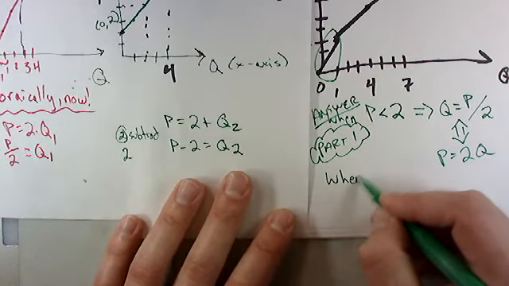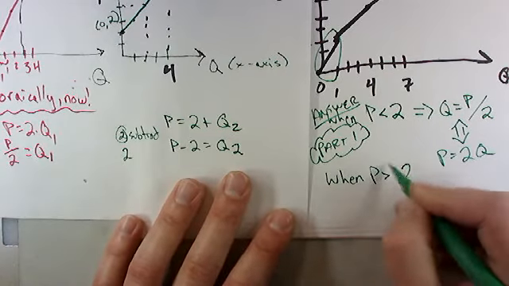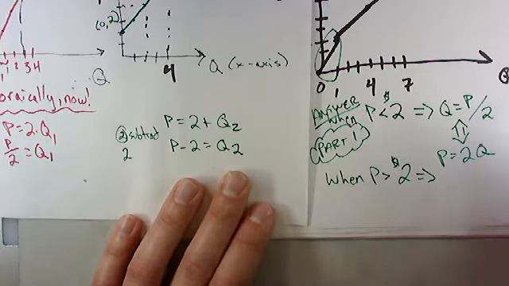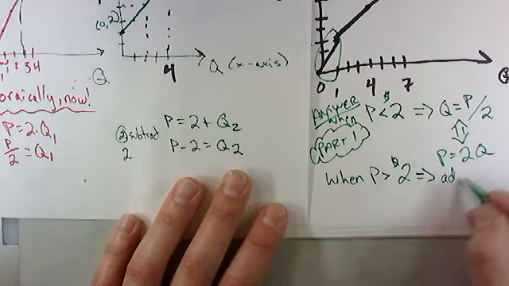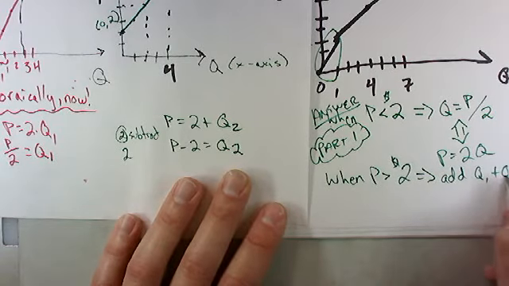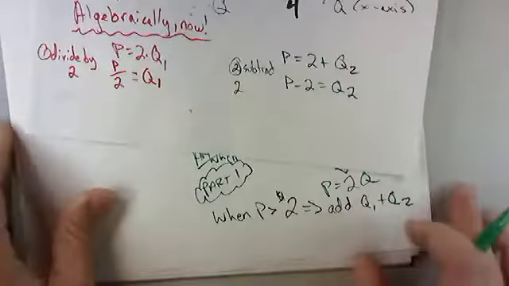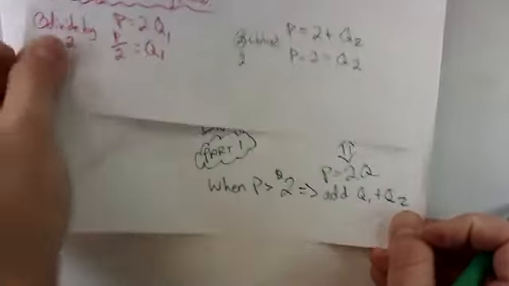Then we're going to add Q1 plus Q2. So what's Q1 and what's Q2? Well, Q1 is P over 2, and Q2 is P minus 2.